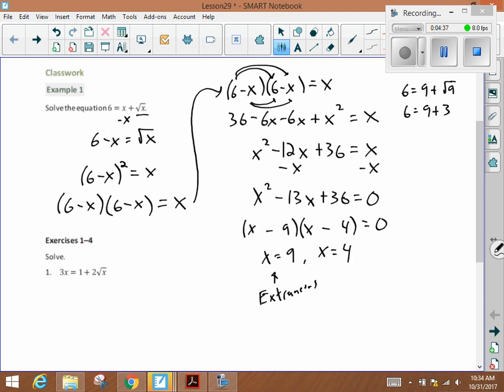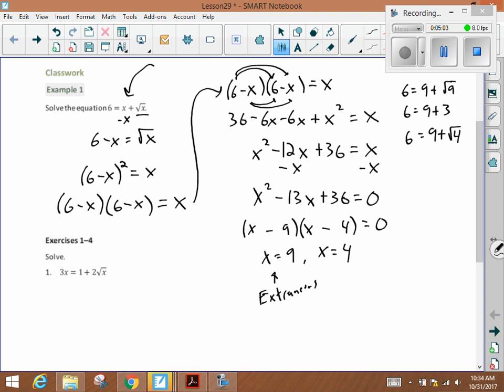And now we got to check 4. So we have that 6, right? And I'm plugging it into my original equation. 6 equals 4 plus the square root of 4.